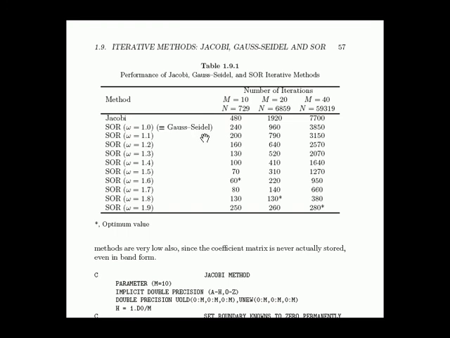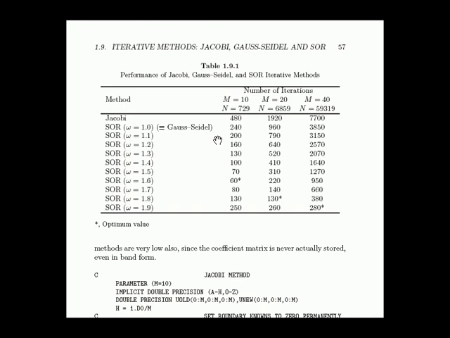And by the way, that's the big matrix, it's M minus 1. It's an M by M by M grid, so there's M minus 1 cubed unknowns. And remember, each row of the matrix contains at most 7 non-zeros.